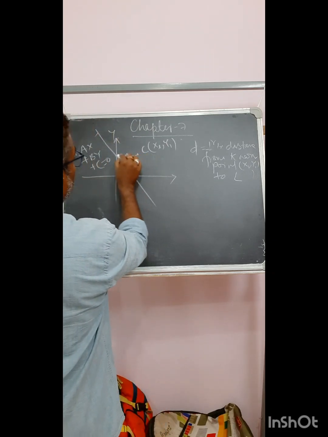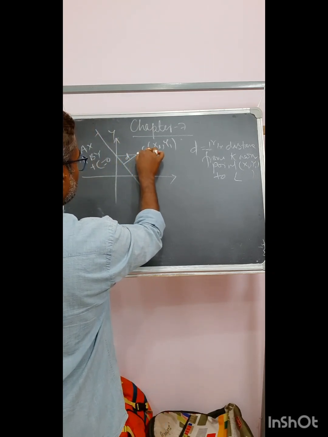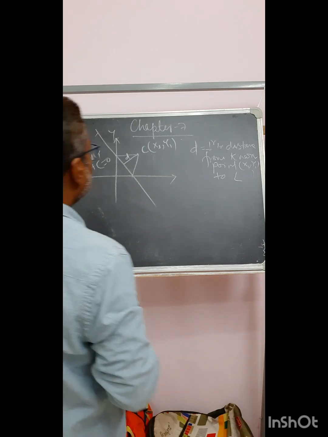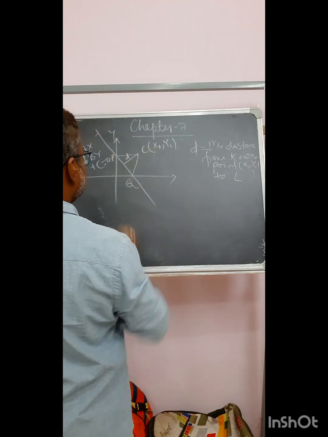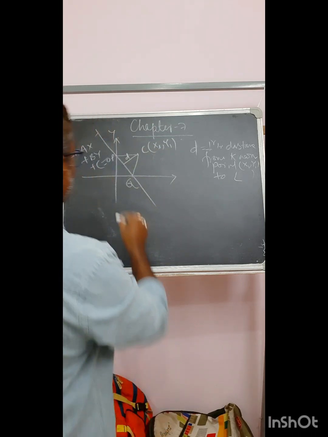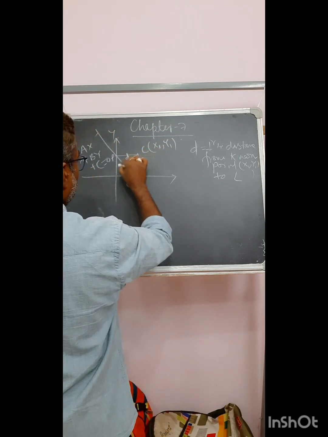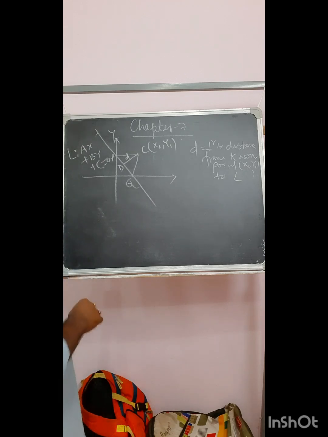So I will name the intersection points P and Q, and this is C. So I have to find the distance small d, and this I am denoting with D.